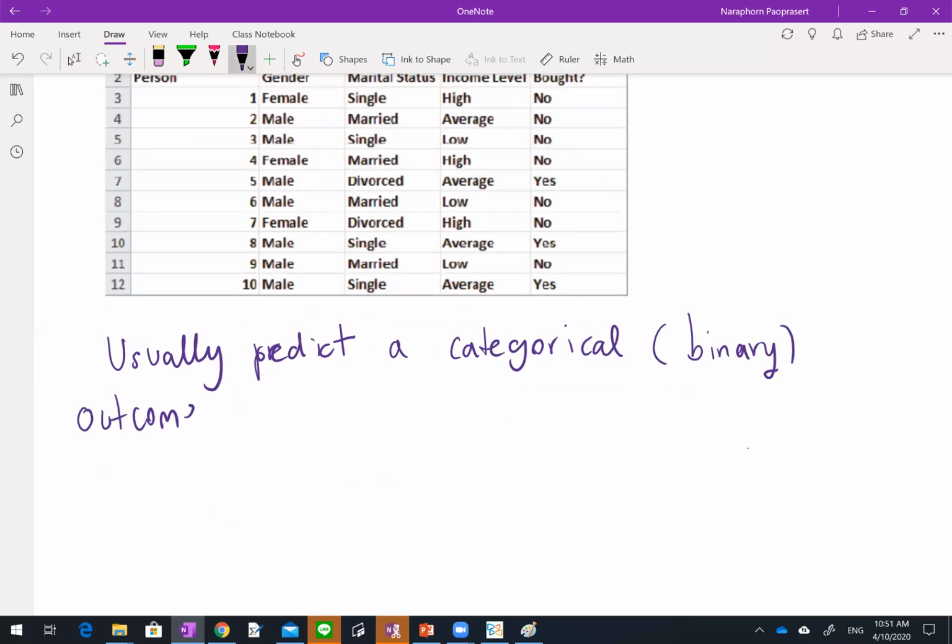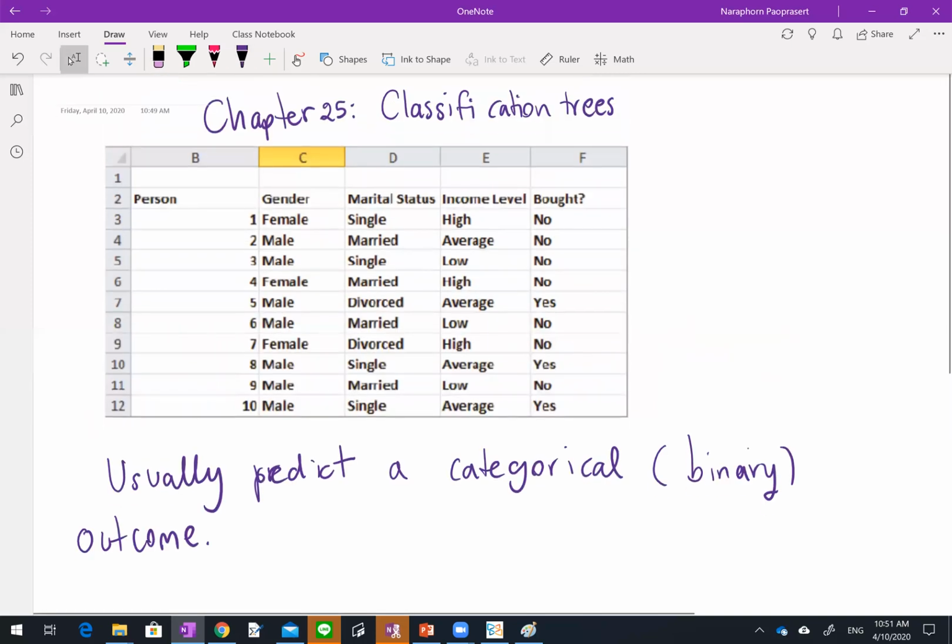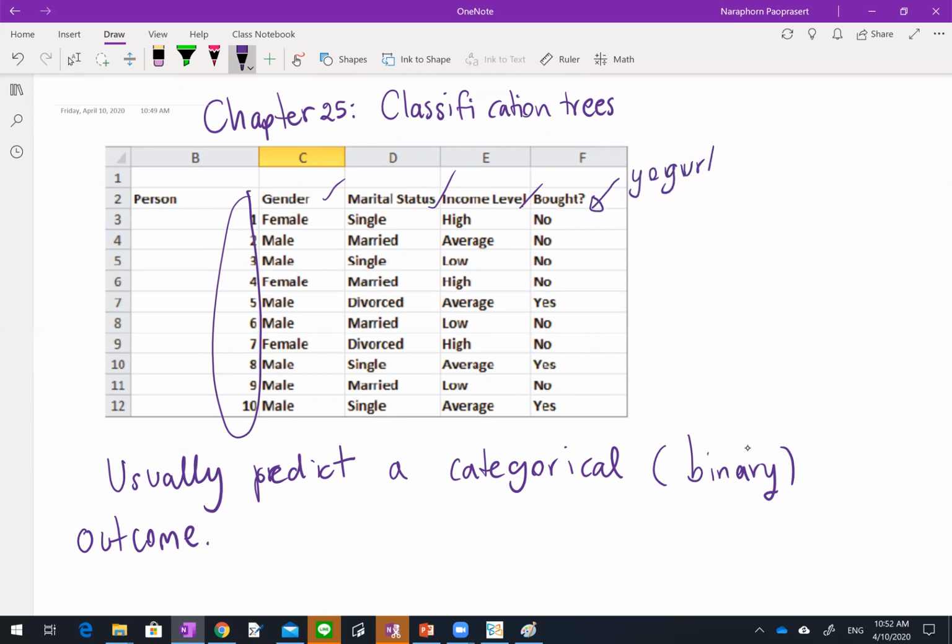Okay, so for this example, you have 10 persons, 1 to 10 here, and you have the gender, the marital status of the person, income level, and whether or not these people bought Greek yogurt.